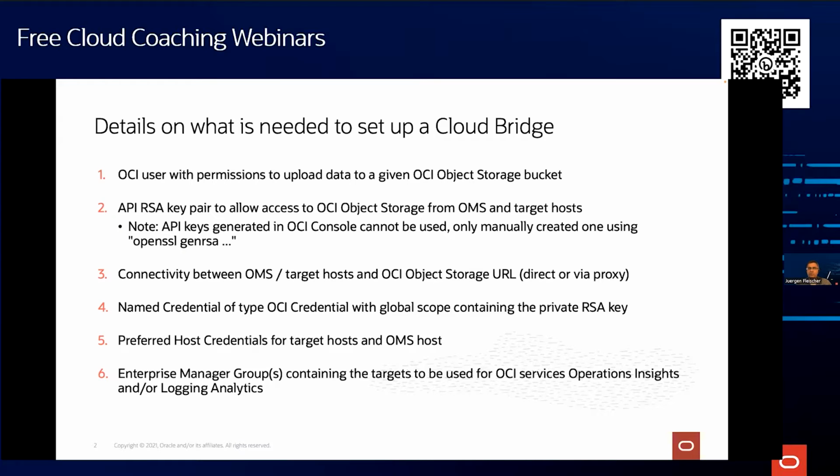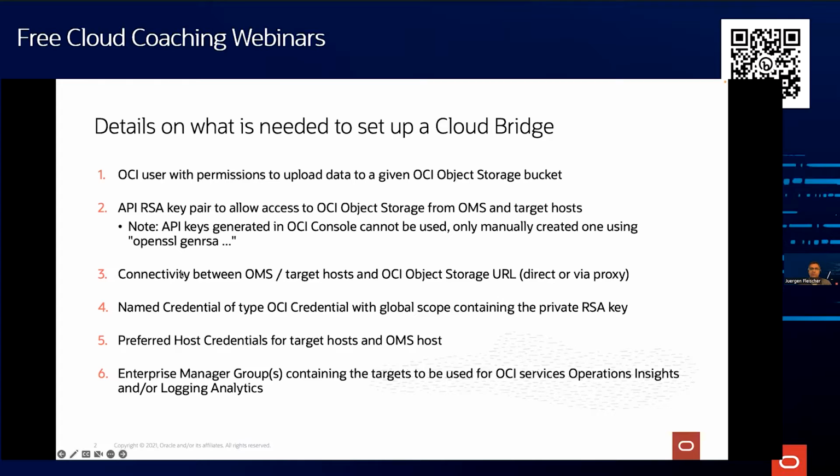It's used only by Enterprise Manager. It does not need a password. It must have the right permissions to upload data to object storage, and we will create an API key pair, an RSA key pair, for this user. That's the key which will allow Enterprise Manager to access OCI and put all the data into the object storage.